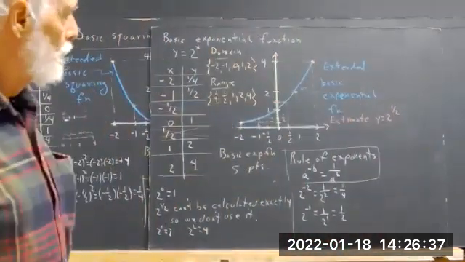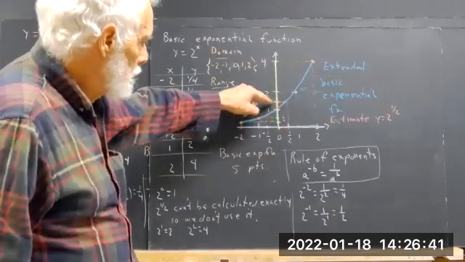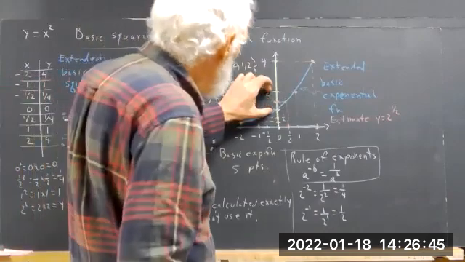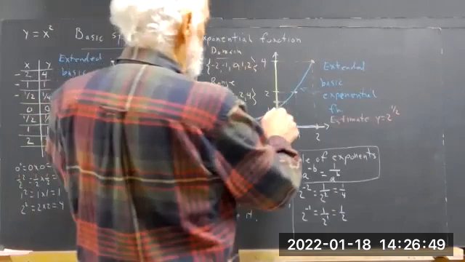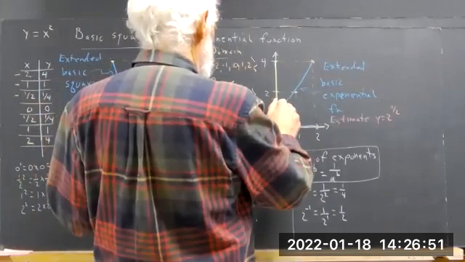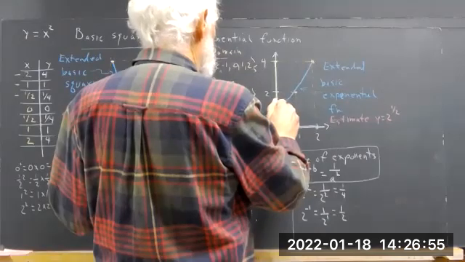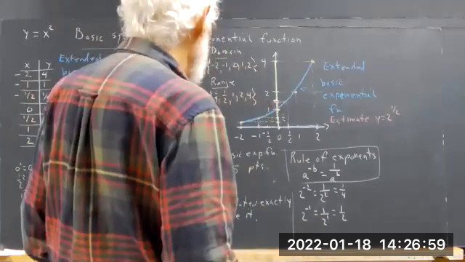Estimate y equals 2 to the 1/2. Well, right there the projection lines allow me to estimate this. Okay, well, 1 is here, 2 is here. If I subdivide that interval from 1 to 2 in half, I think that the half comes up just a little higher than this estimate.